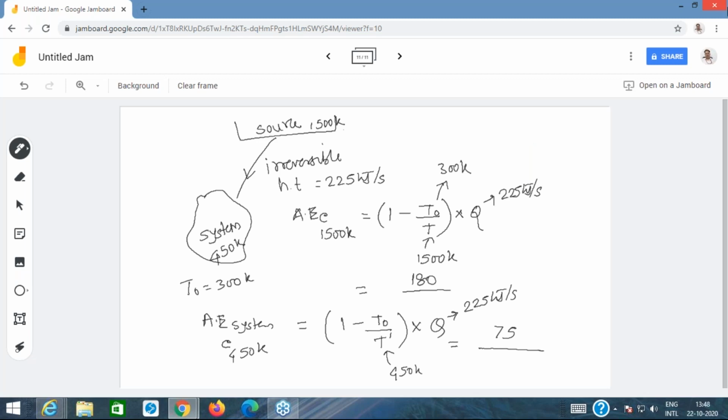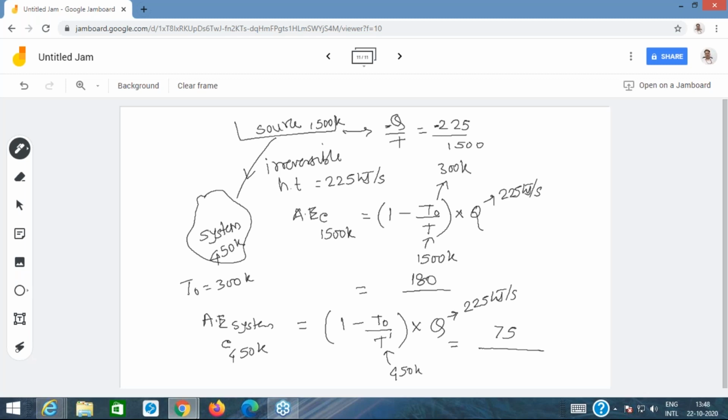So what would be the entropy change of the source? The entropy change of the source would be Q by T. And what is Q? Q is 225 by T. And what would happen to the entropy of the source? The entropy of the source would decrease.